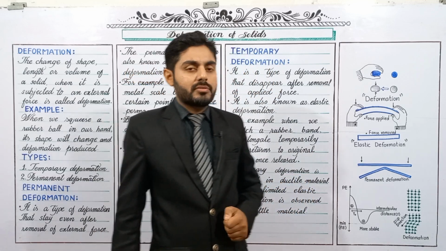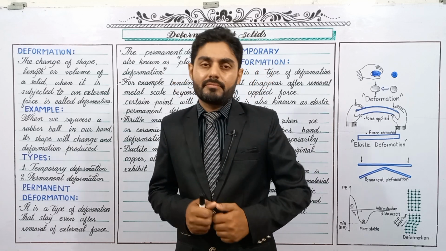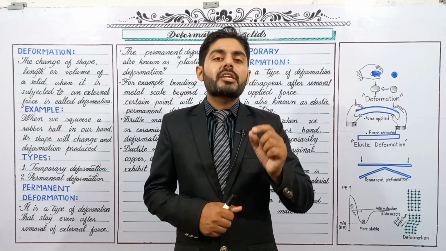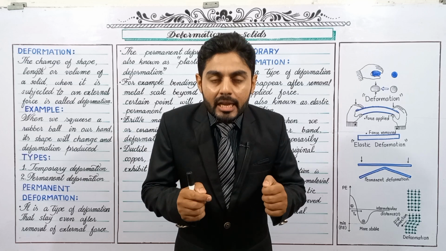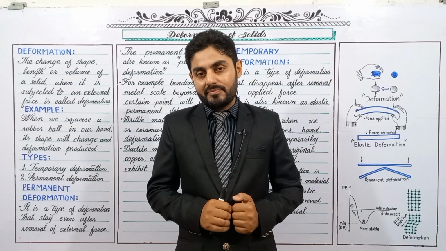Okay, there is one question. Why does the body regain its original shape? What is the reason behind that? Remember that the particles of the body want to be stable. They get stability when they are in the lowest potential energy state.